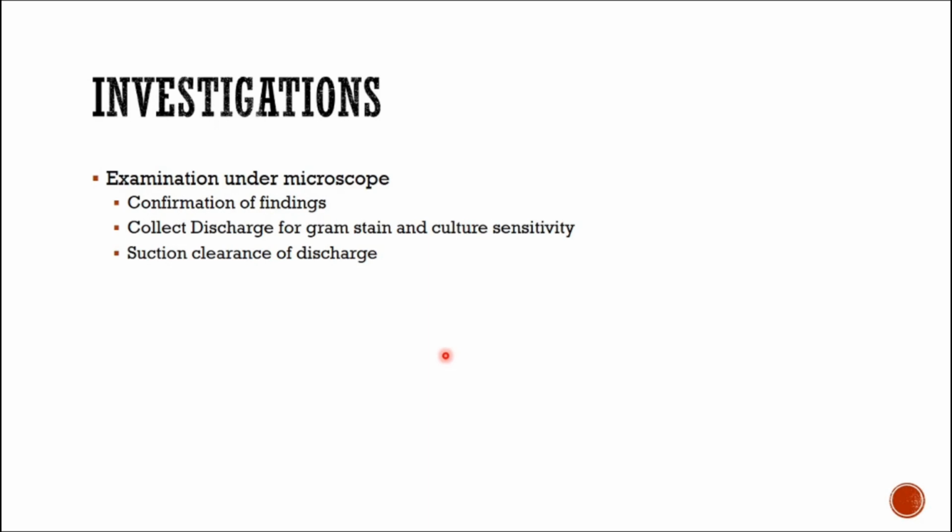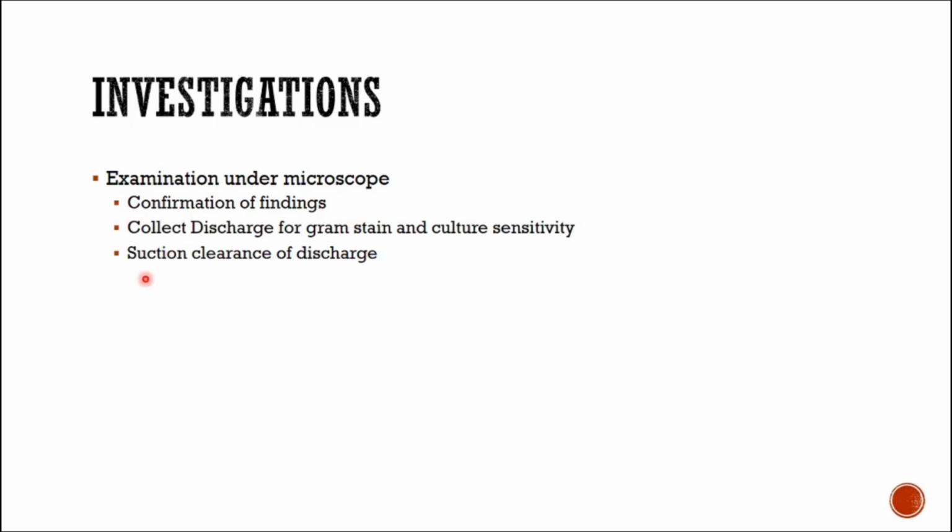Once you confirm that it is a case of CSOM, for confirmation of your findings, you are supposed to do examination under microscope or EUM. Using the microscope, your visualization of the middle ear structures is much better compared to your otoscope or headlight examination. So that is why you will be confirming the findings of the middle ear.